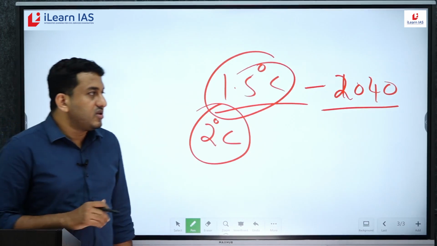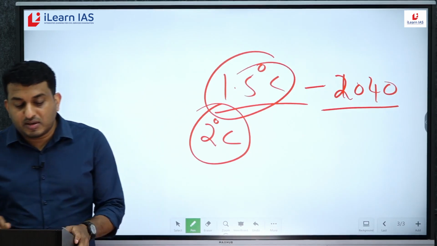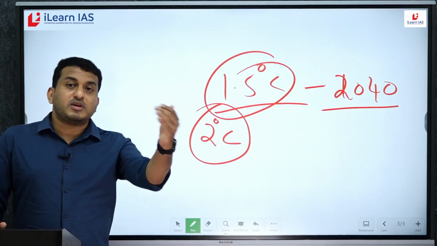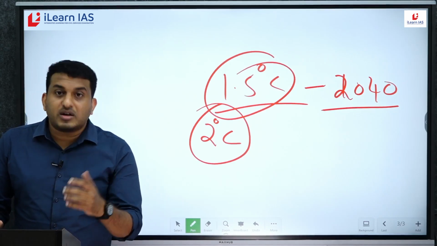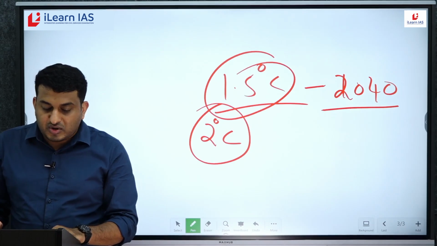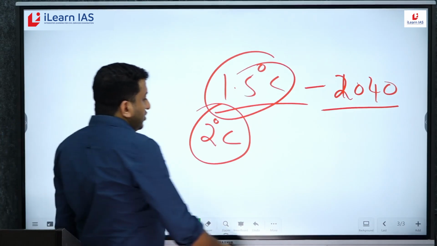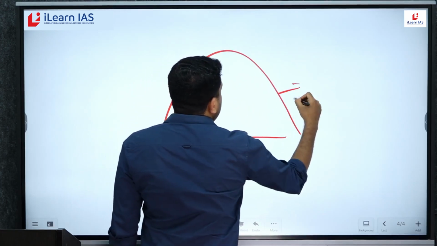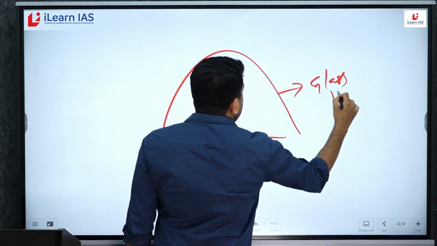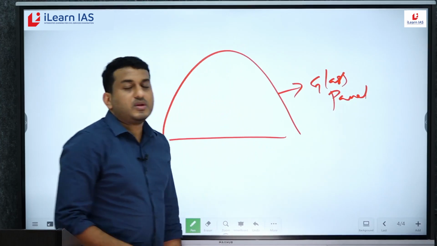Now you might have read about the temperate countries. In temperate countries, you know that not enough sunlight is available. The insolation, the incoming solar radiation, is less in higher latitude countries, especially temperate countries. So what they do is, this is a glass panel, right?